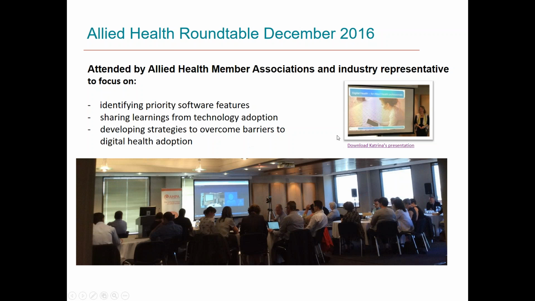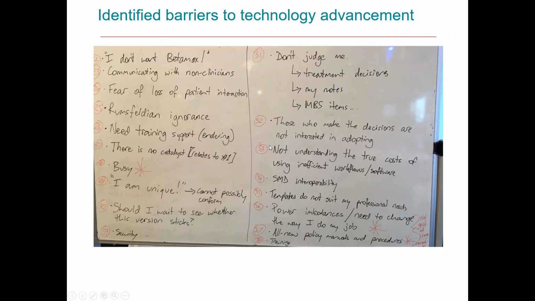So this was a workshop that I presented back in December with AHPA and a lot of the government agencies, your 22 member associations with an industry representative, and we looked at these aspects and challenges and barriers to overcoming progress with digital health, because we very much need allied health professionals to be connected digitally and part of a streamlined conversation and sharing patient information securely. I have this whole presentation, so don't feel like you need to read this slide, but I think it's a really good picture.